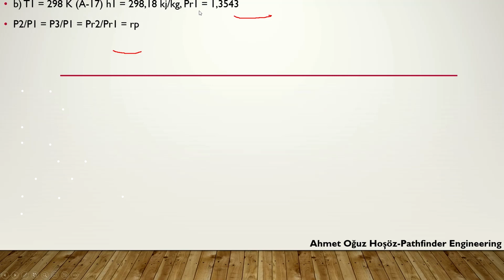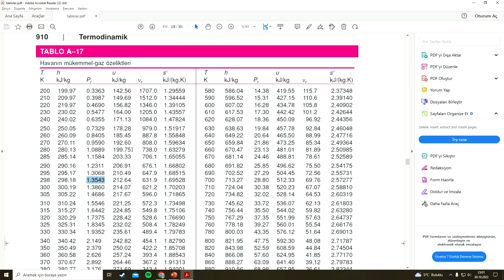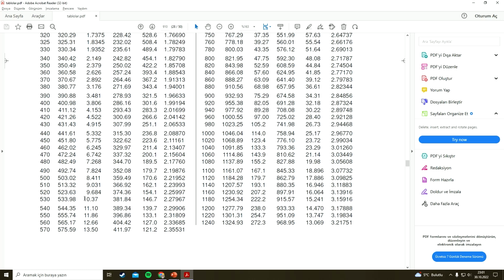We already know Pr1 from the table and we know rp is 8. Then by crossing these two values, we get the Pr value, 10.8344. Looking at thermodynamic table A-17, 10.8344 is between 530 Kelvin and 540 Kelvin.